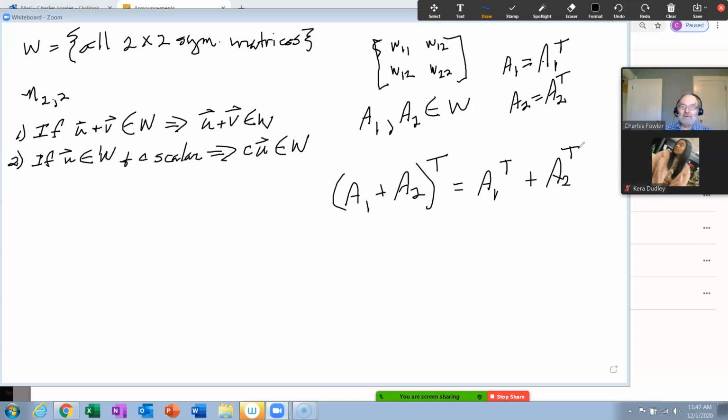Now, we've just seen that A1 and A2 are in W, and the transpose of the sum is A1 transpose plus A2 transpose.